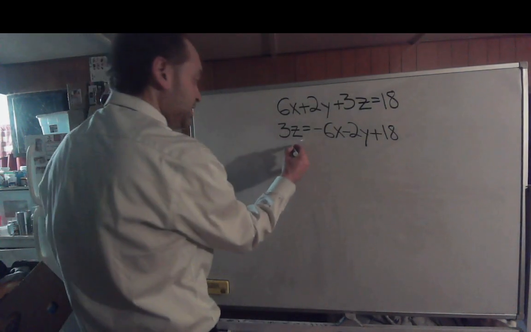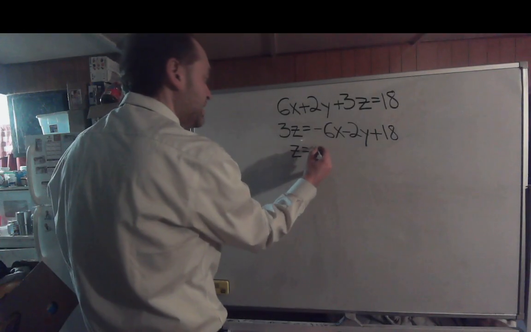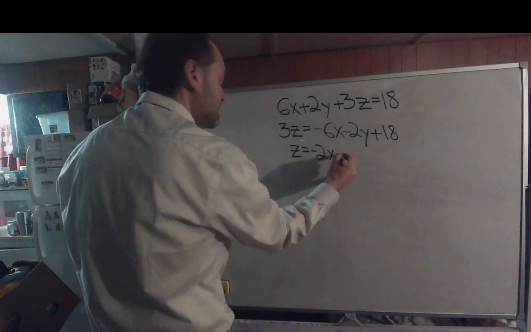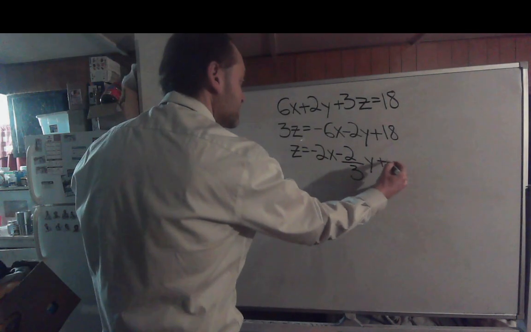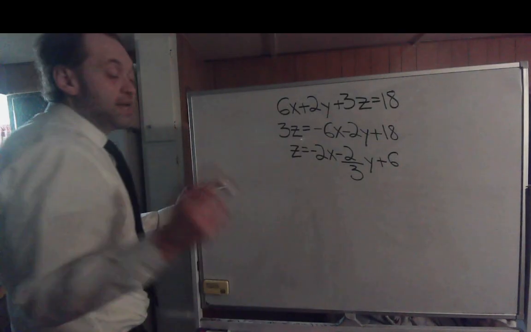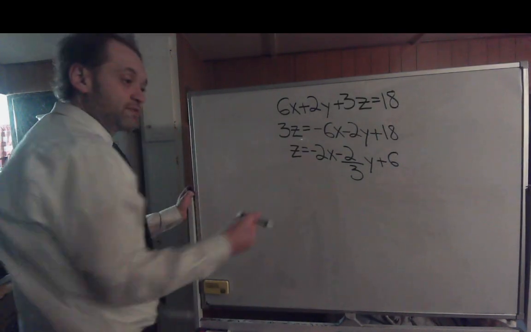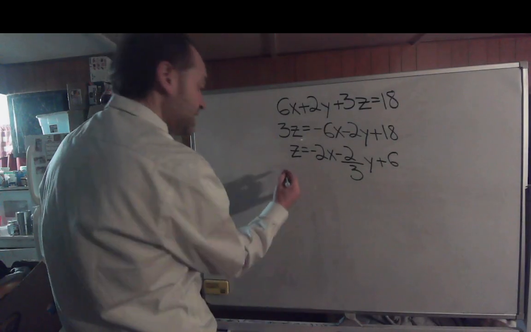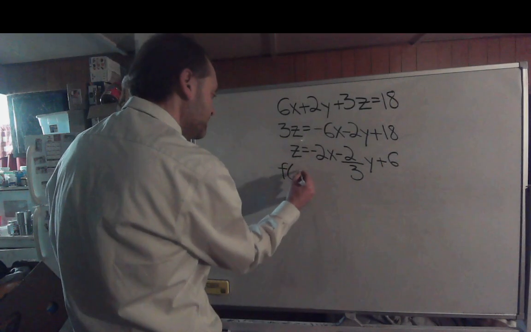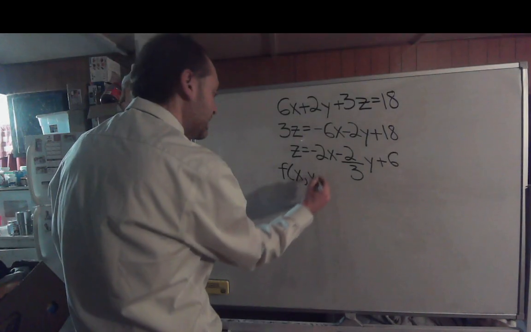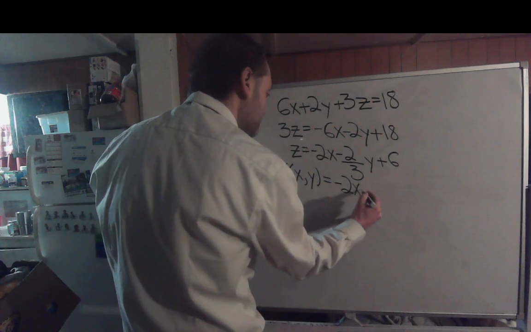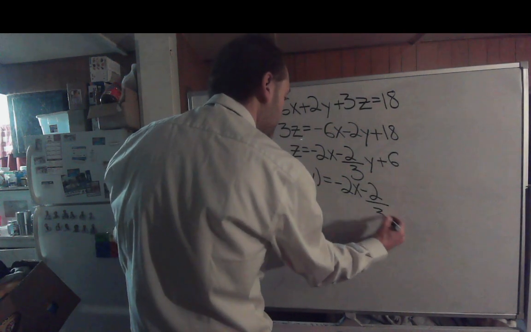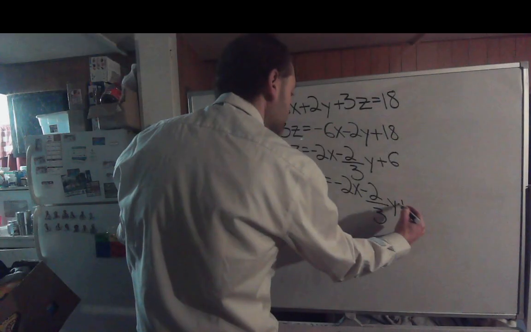Solve for z, you get z is equal to negative 2x minus 2/3 y plus 6. Now the notation for the function for z being a function of x and y is going to be f of x comma y would equal negative 2x minus 2/3 y plus 6.